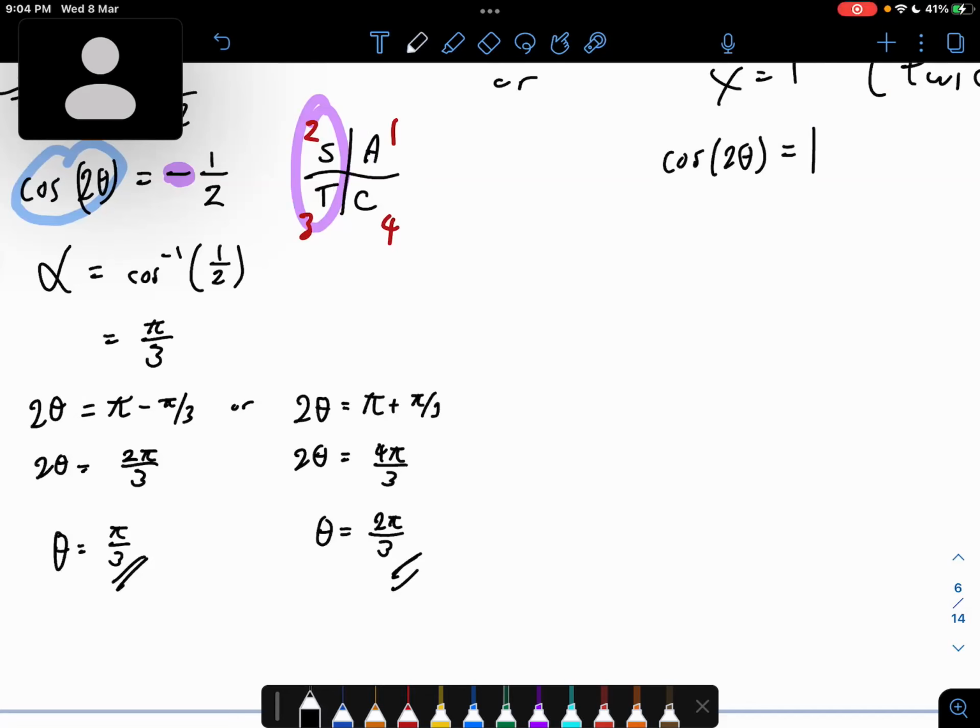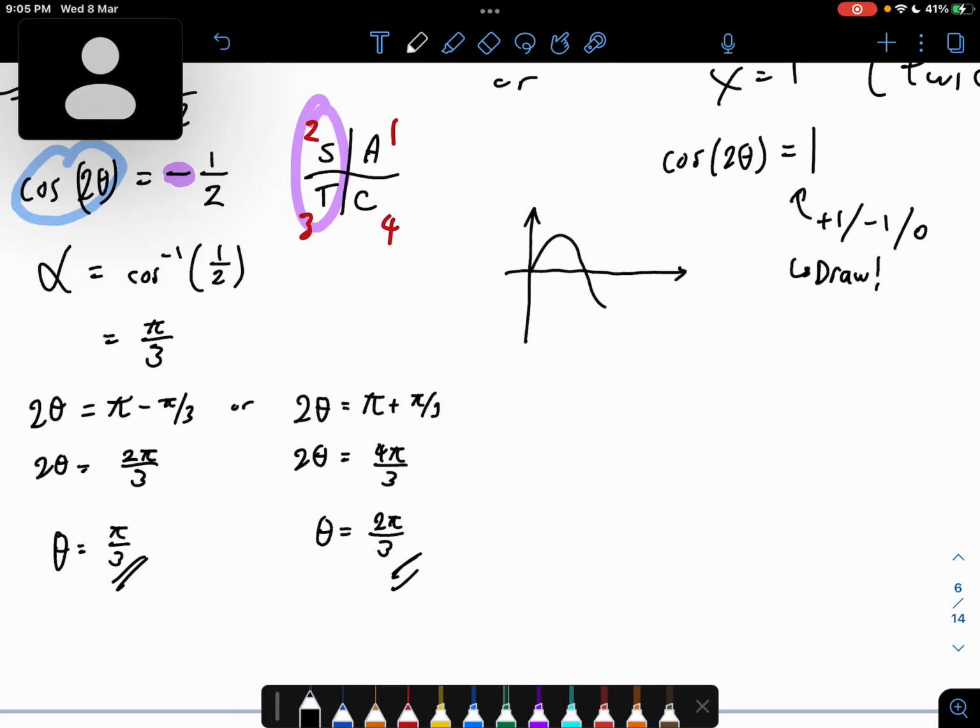Whenever you see a positive 1, 0, or negative 1 on the right hand side, straight away you need to draw the cosine graph. Okay. I cannot draw on this, but it's 2 theta. Okay, MCQ for you.